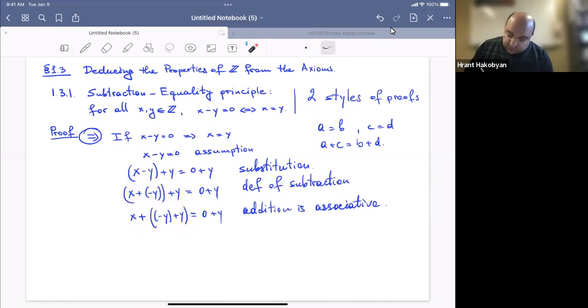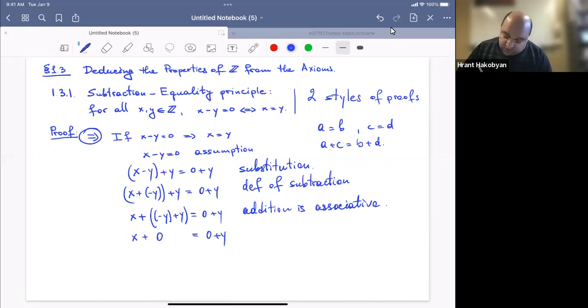So then now by the axiom of the additive inverse, I have that x plus minus y plus y is x plus 0, because this part here is equal to 0, is equal to 0 plus y, right?